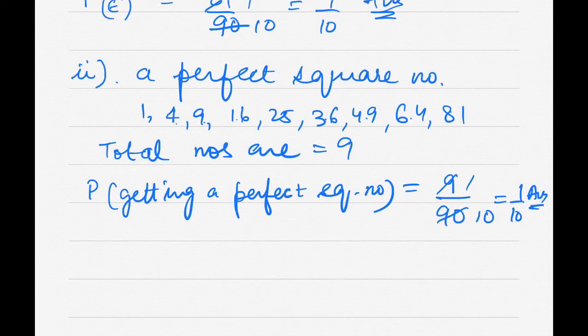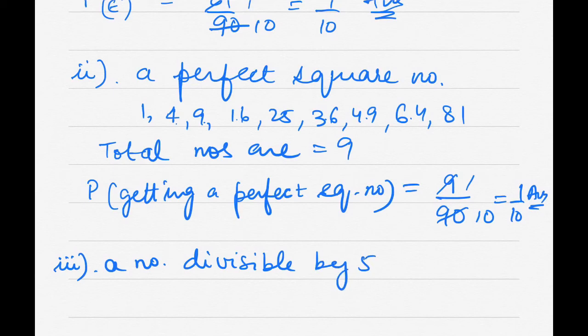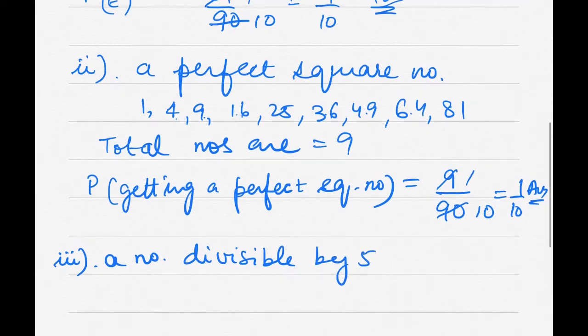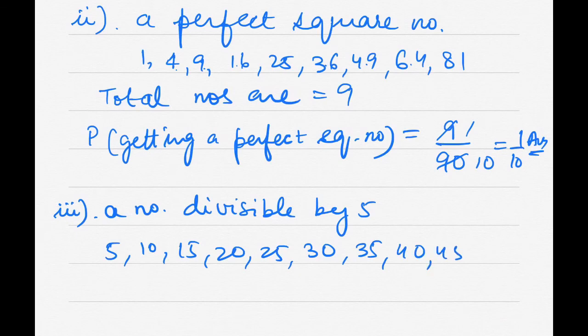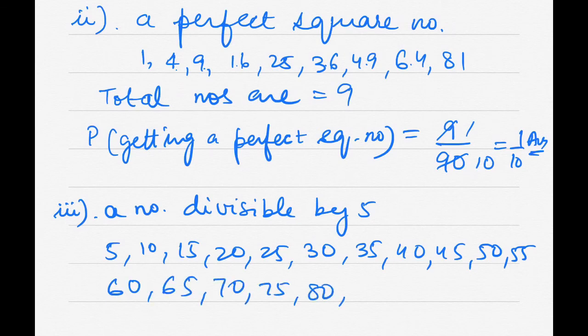Okay. Now the third part, a number divisible by 5. It starts from 5. Let's count. Numbers divisible by 5 will be 5, 10, 15, 20, 25, 30, 35, 40, 45, 50, 55, 60, 65, 70, 75, 80, 85, and 90.